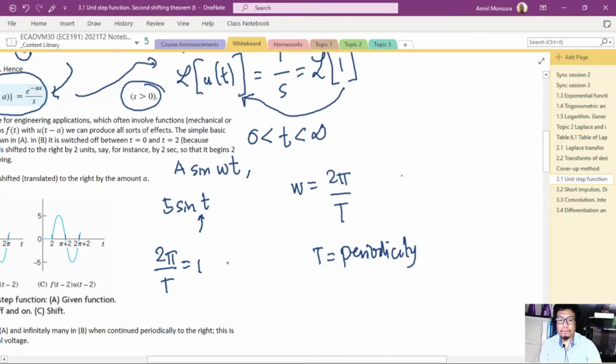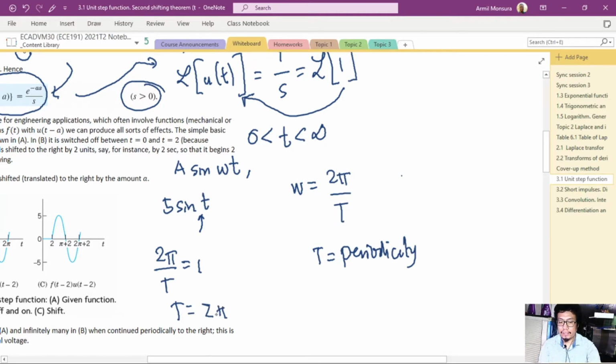Now, solving this for the periodicity, we find that your signal is periodic for 1 over 2 pi, or I mean 2 pi. Sorry, this is T equal to 2 pi.